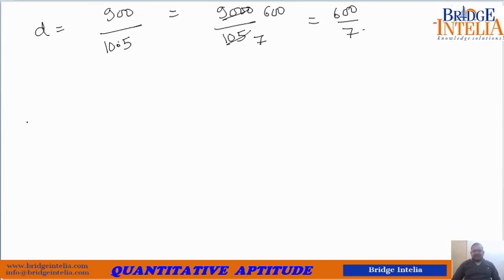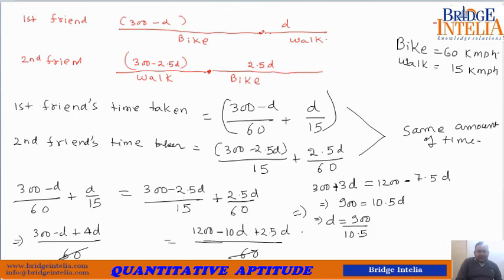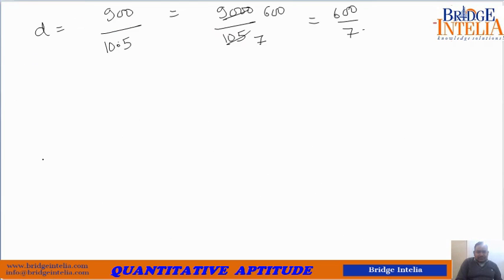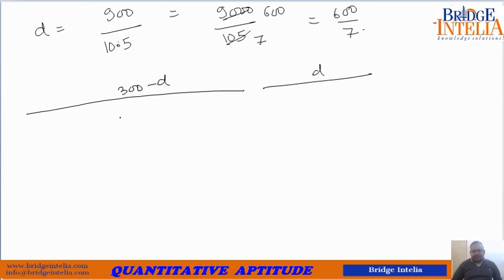So now you can easily solve for how much time they took. You can substitute the value of d in any of these and you will get it. Let's see. You can solve it using the first friend's timing. So 300 minus d, he was traveling on bike, whereas the distance d he has covered by walking.